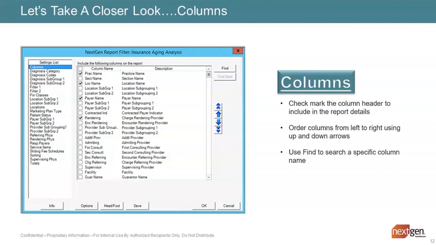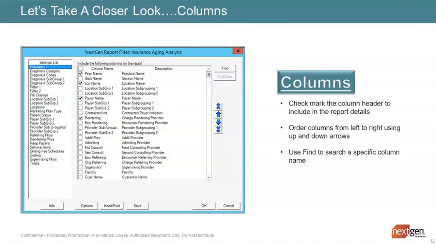Or if you want something that's not marked, you can click on the box next to the column name and put the check mark there, and it will be included as a column on your report. So by clicking in the box, the check mark will appear or disappear, and that will be included in the columns that you have on your report.